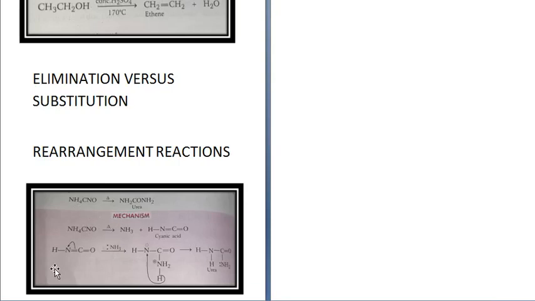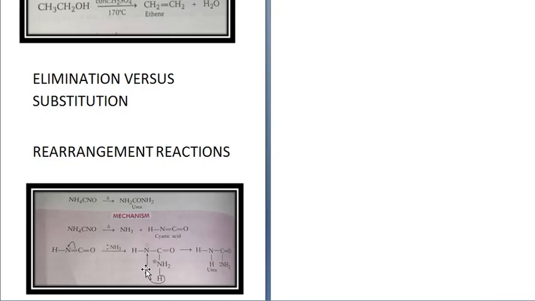Now see the mechanism. On heating ammonium cyanate, ammonia is released. You get ammonia plus cyanic acid, HN=C=O. Now this cyanic acid again combines with ammonia to give you, one nitrogen will get a negative charge and the other nitrogen will get a slightly positive charge, and to that the hydrogen will get attached and it will give you urea.